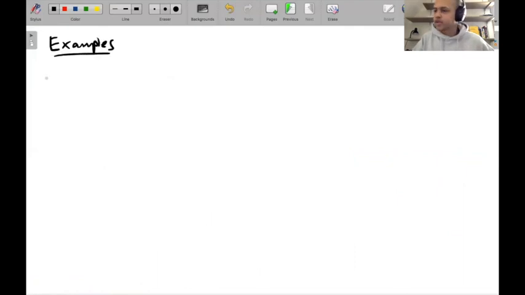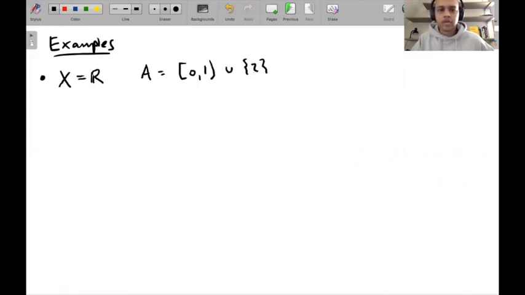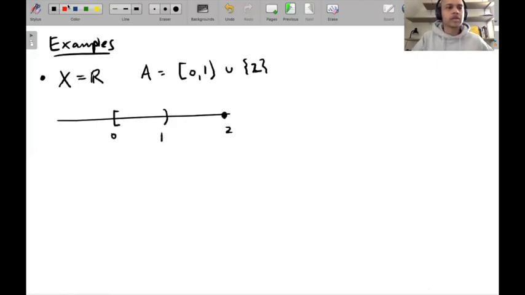Let's see a couple examples. So first, let's take X to be R with the standard topology. And let's consider A the following set. Okay, so we have R and here's A. Like this.